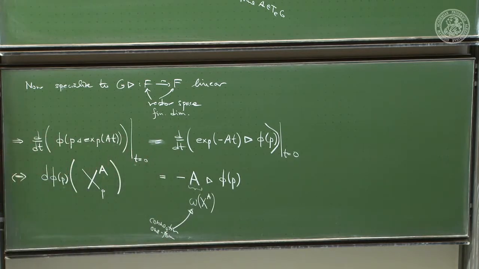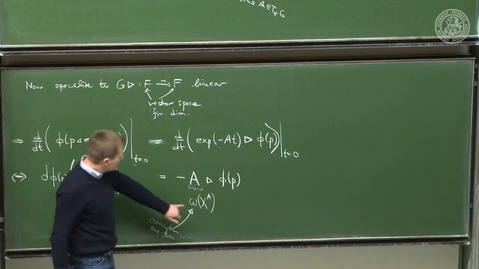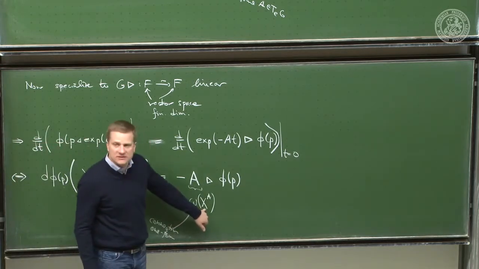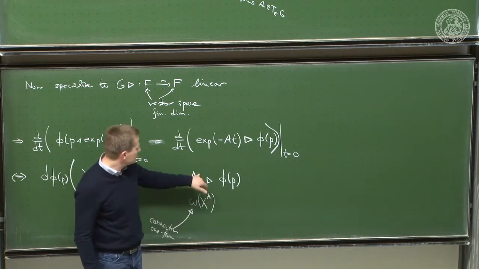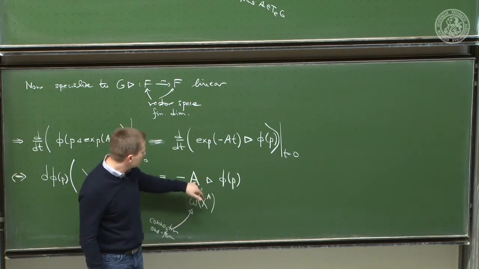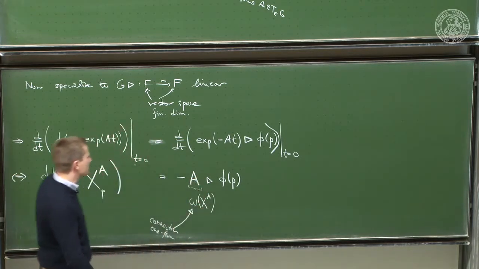How does the connection 1 form make an appearance here? Well, it makes an appearance because you know that one of its properties is that it takes a vertical vector field and it yields the Lie algebra element that generates it. So we inject it here in order to rewrite this A in terms of omega.